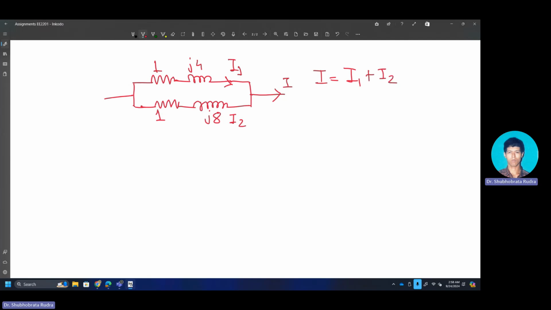You cannot write that. Rather, I will be the phasor sum of I1 and I2. And clearly, in this case, I1 and I2 will not be in phase because these two have different amounts of reactance. So how can we think about what is the maximum kVA that could be transferred?